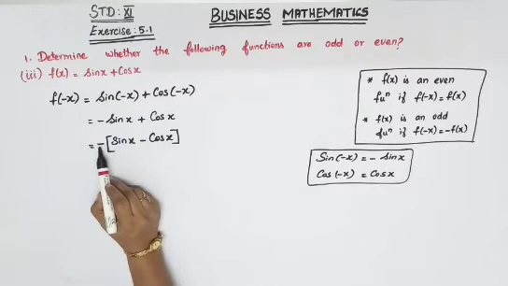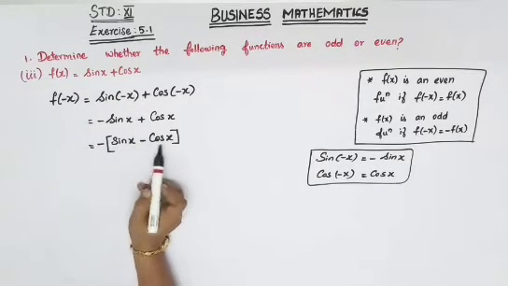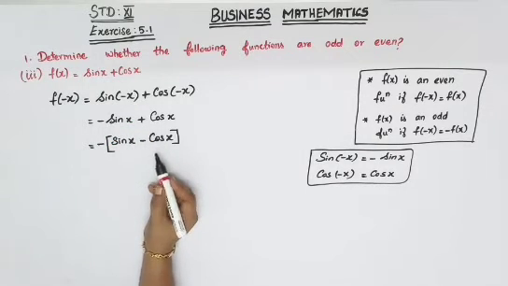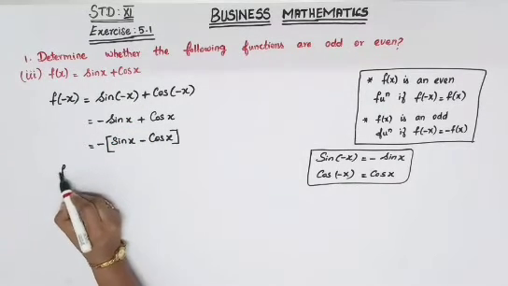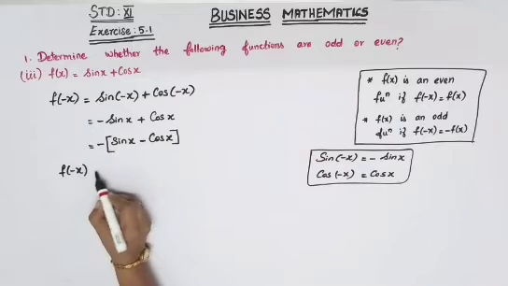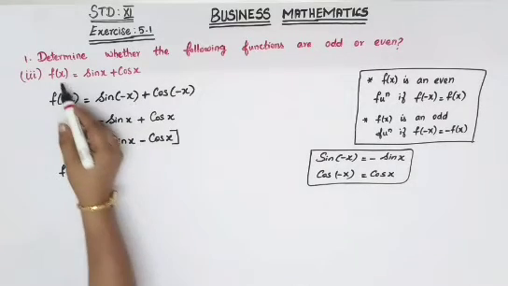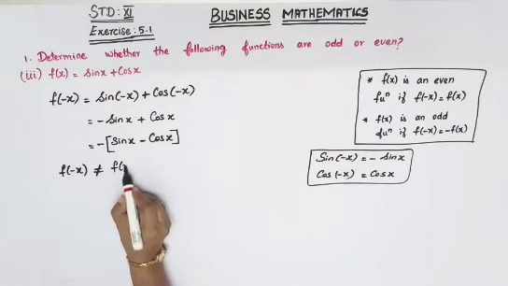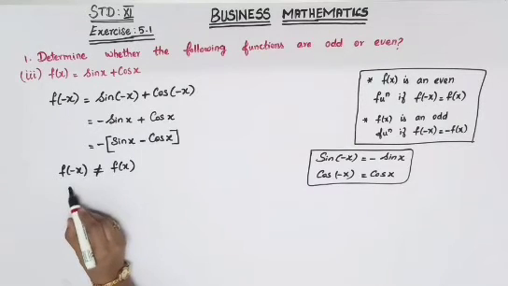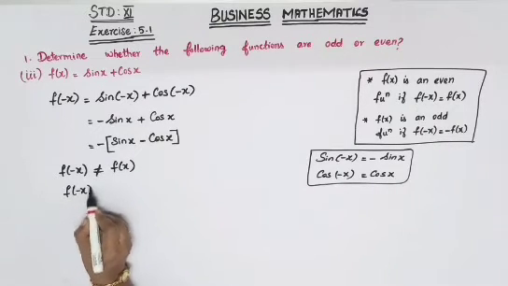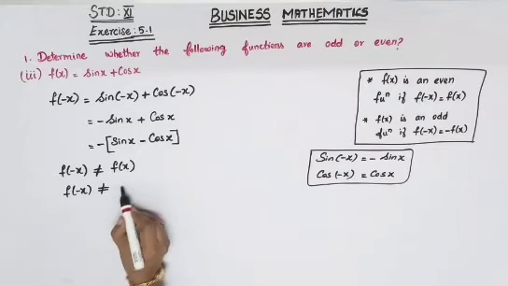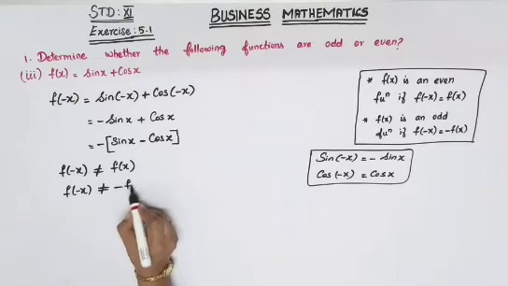So minus is there, but the inside part is different from your question. So f of minus x is not equal to f of x, and f of minus x is not equal to minus f of x also.